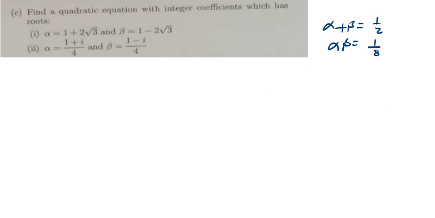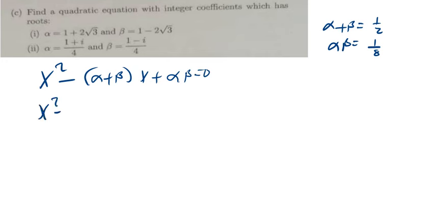So the equation goes like this: x squared minus (alpha plus beta) times x plus alpha times beta is equal to 0. You just plug in the values. So x squared minus the sum, 1 over 2, times x, plus the product, 1 over 8.